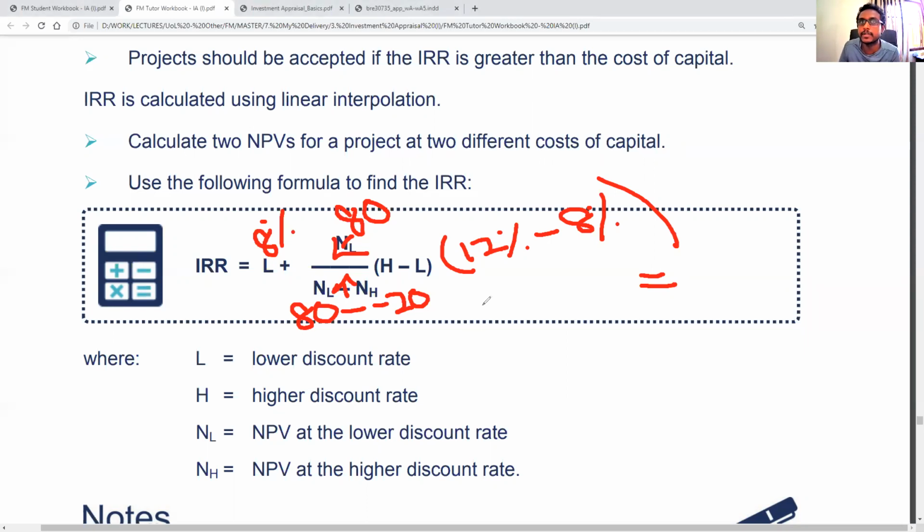Kaushika, did you get 11.2? Got it, sir. I got it. You got it. Okay. So that is how you calculate the IRR mathematically.